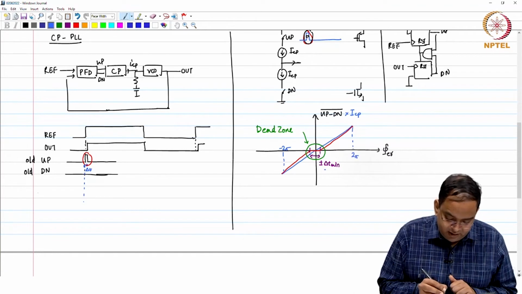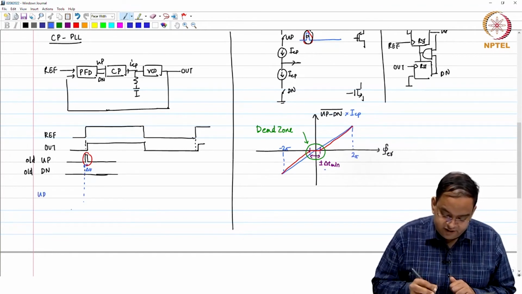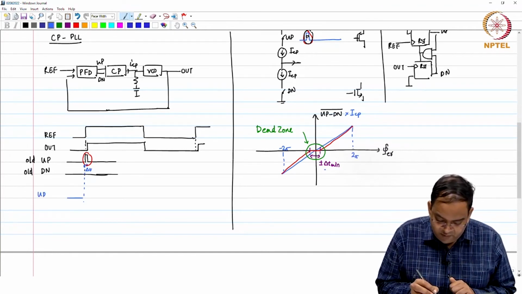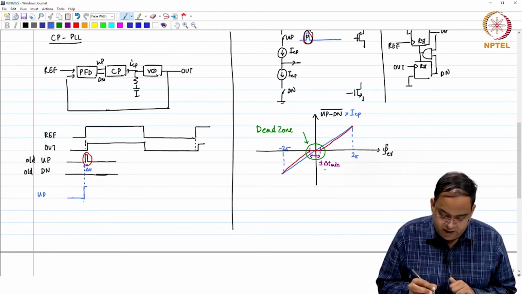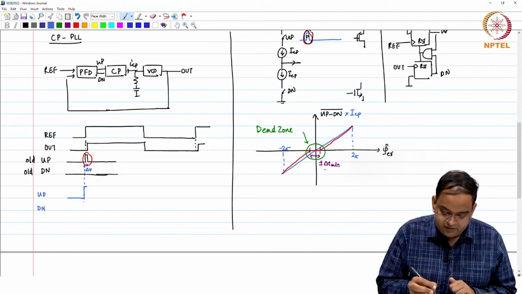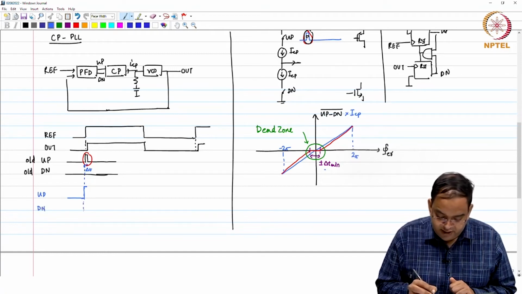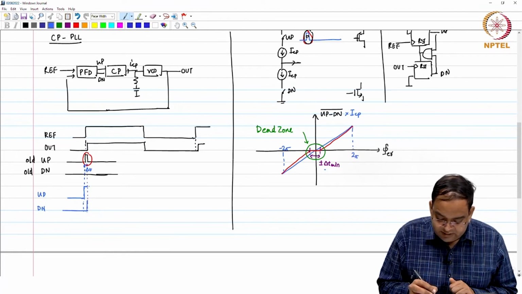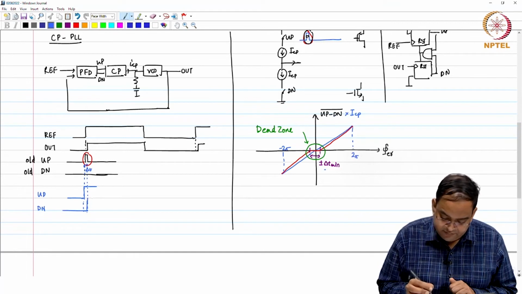When I get my reference pulse high, my up will go high like this. Whenever I get the pulse on out, my down pulse will also go high, and both the pulses will remain high for T min time.